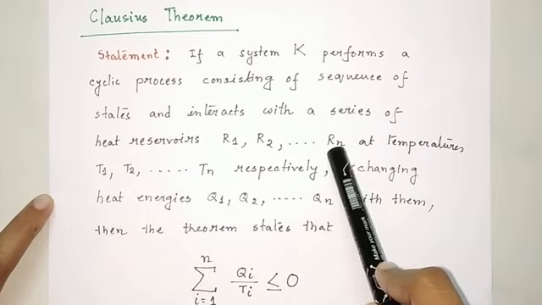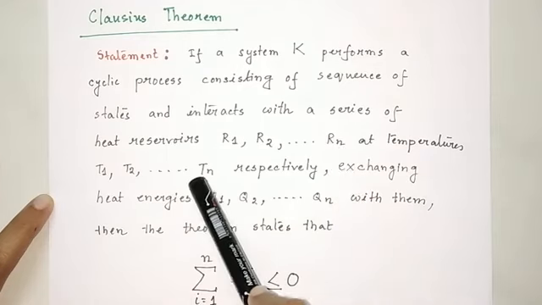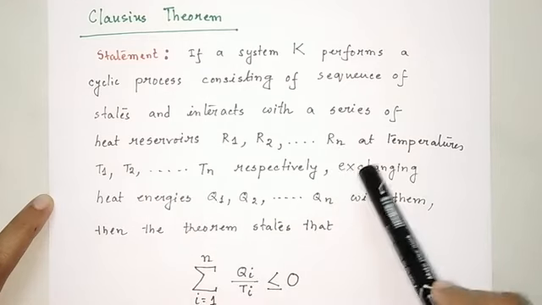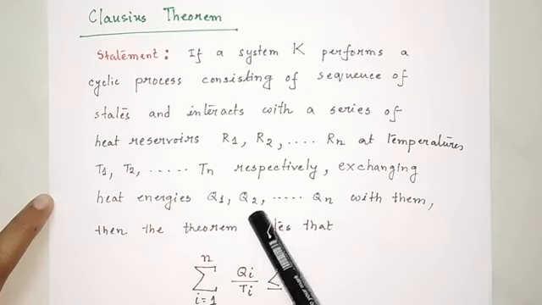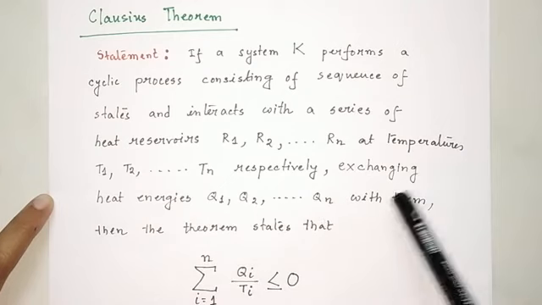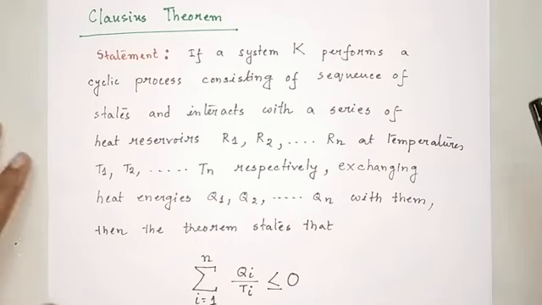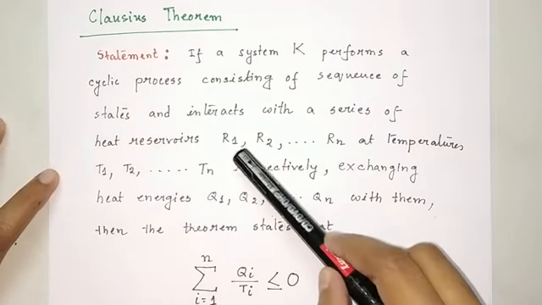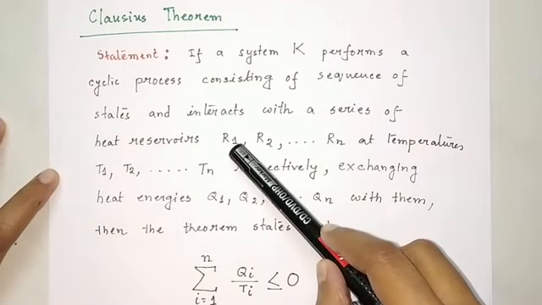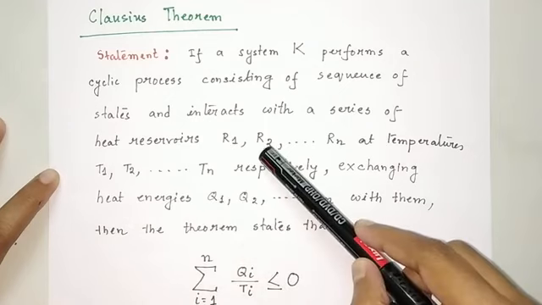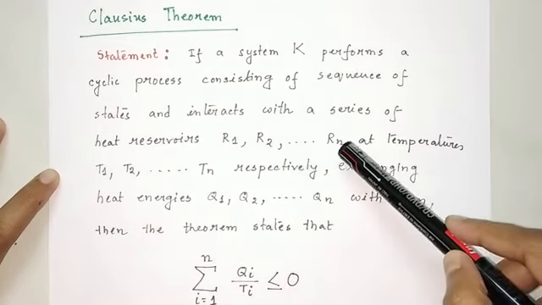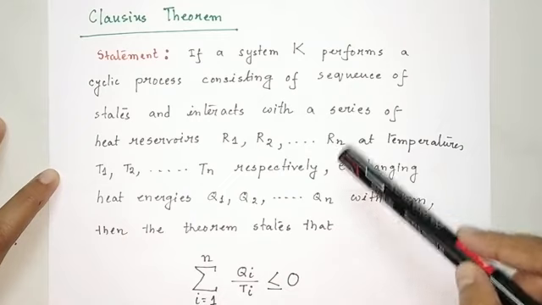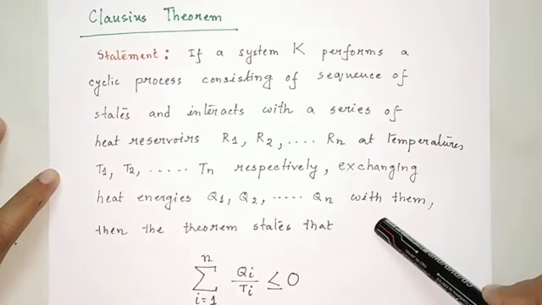Like this, the nth reservoir Rn is at temperature Tn, and exchanging heat energies Q1, Q2, Q3, up to Qn with them. So the heat energy exchanged with R1 is Q1, with R2 is Q2, and like this, the heat energy exchanged with Rn is Qn.